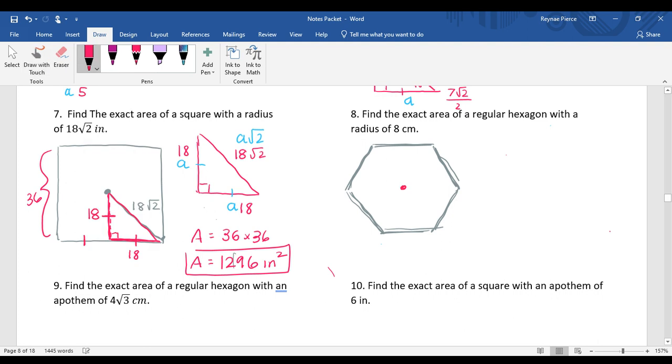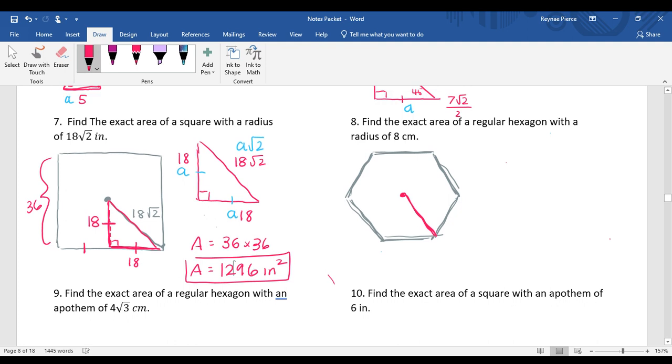So again, radius goes from the center to a vertex of 8 centimeters. Drawing the apothem gets me my right triangle, and remember hexagons are your 30, 60, 90. Right now I don't know my apothem. That's what I'm going to use this special right triangle pattern for.